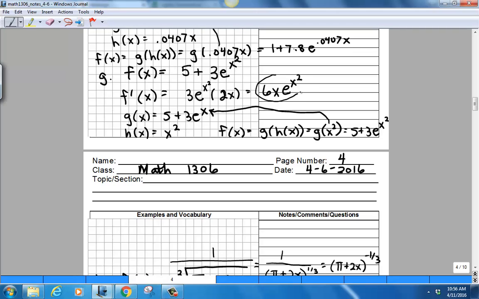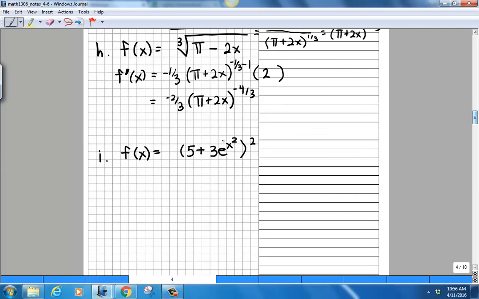We want to remember that because it's going to be important here. The rate of change of 5 plus 3 times e to the x squared was 6x e to the x squared. The reason I'm pointing that out is that the expression 5 plus 3e to the x squared is part of this problem also.